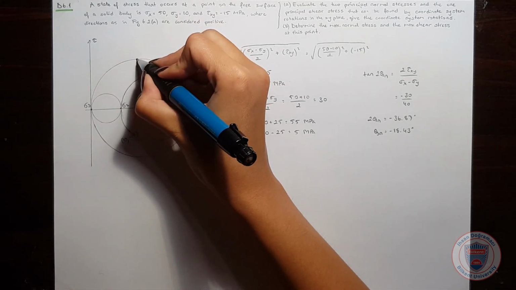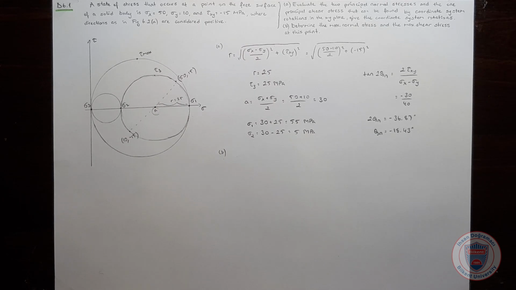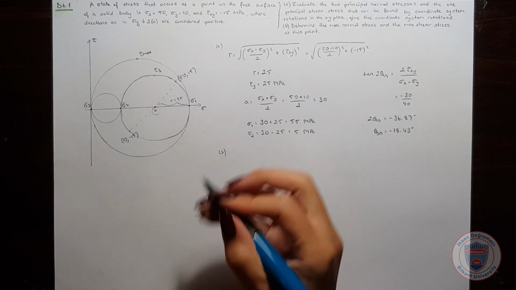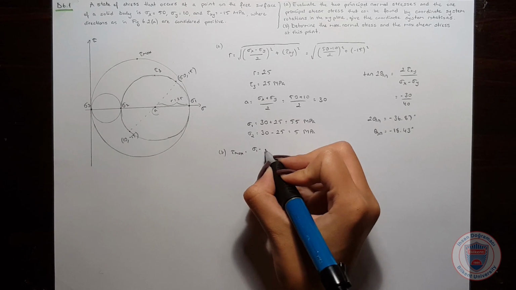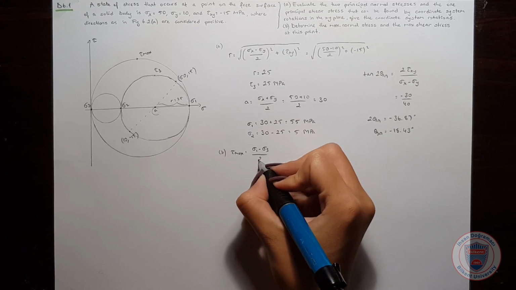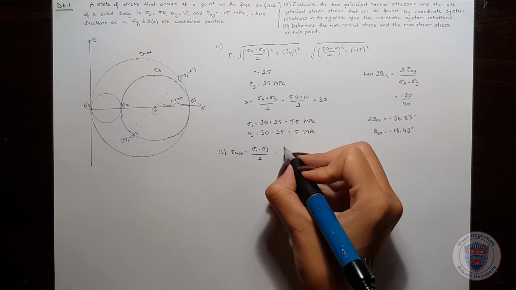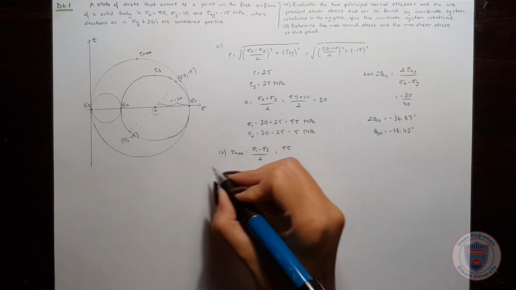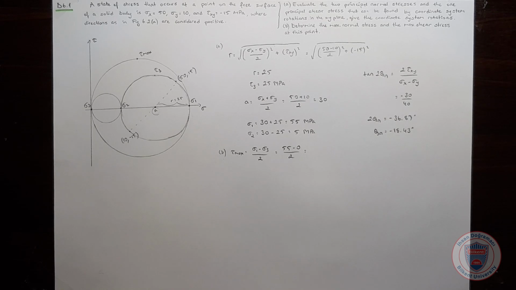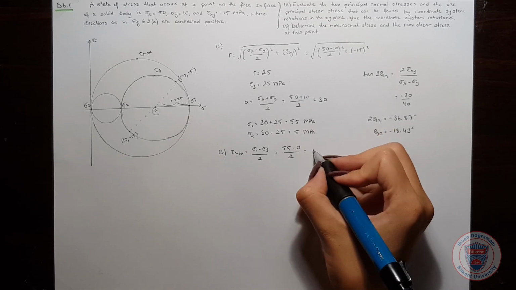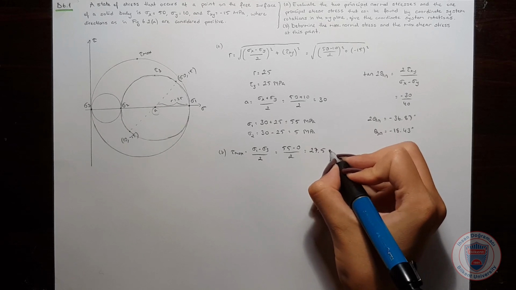Tau max is this point, and it will be equal to sigma 1 minus sigma 3 over 2. We know that sigma 1 is 55 MPa, sigma 3 is 0, and tau max will be 27.5 MPa.